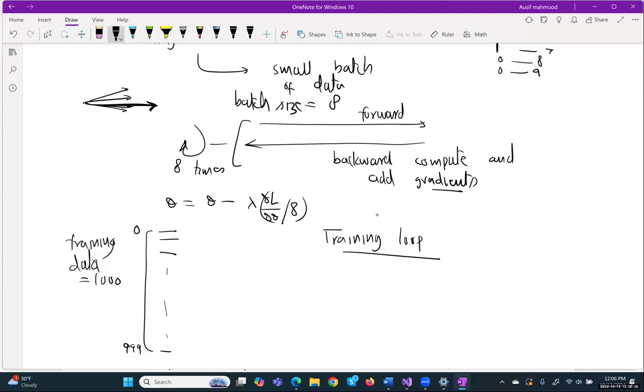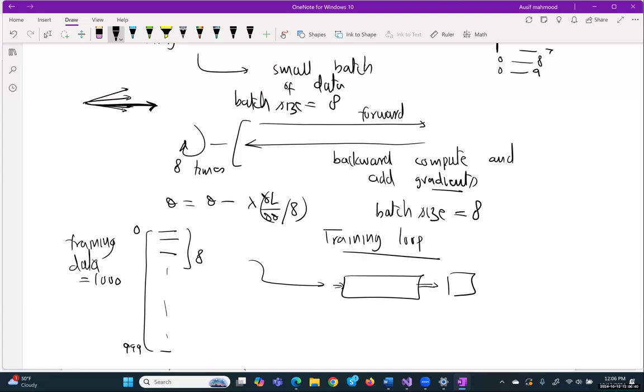Now the question is, as we are writing our training loop, one possibility is, let's pick the example, we said batch size will be 8. So we pick the first 8, pass it through the model, compute the loss, go backwards 8 times, take the average, update the weights, pick the next 8, and so on. Similarly, we go sequentially to the last 8.